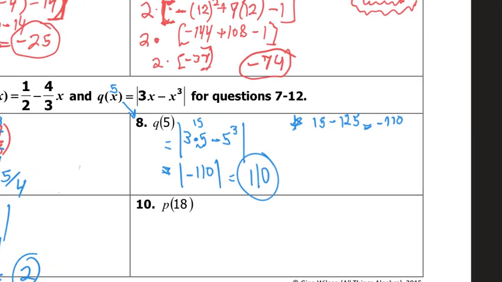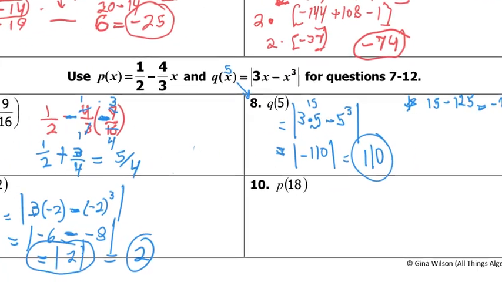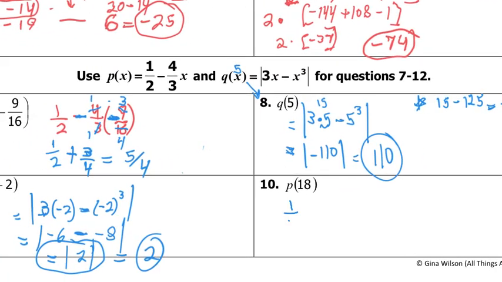Okay. 18 into the p. A half minus 4/3 times 18. That's it. So that's a half minus 18.